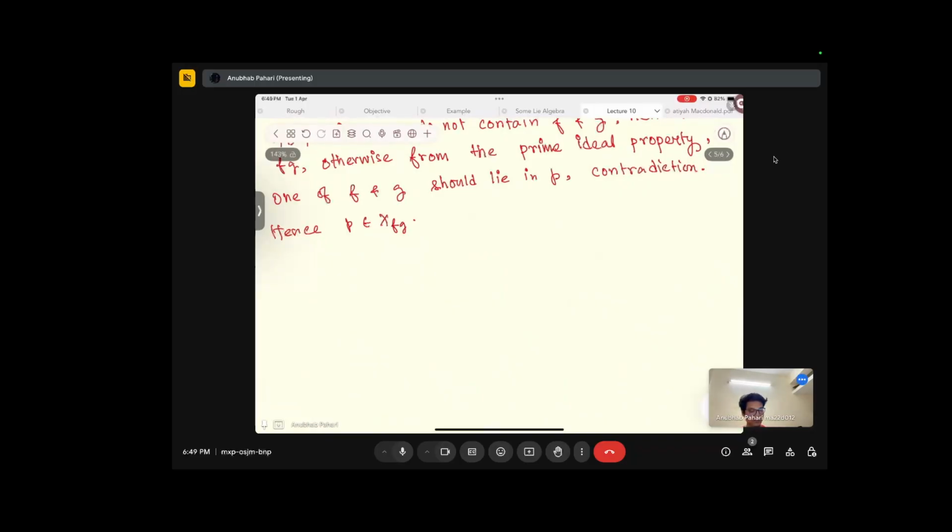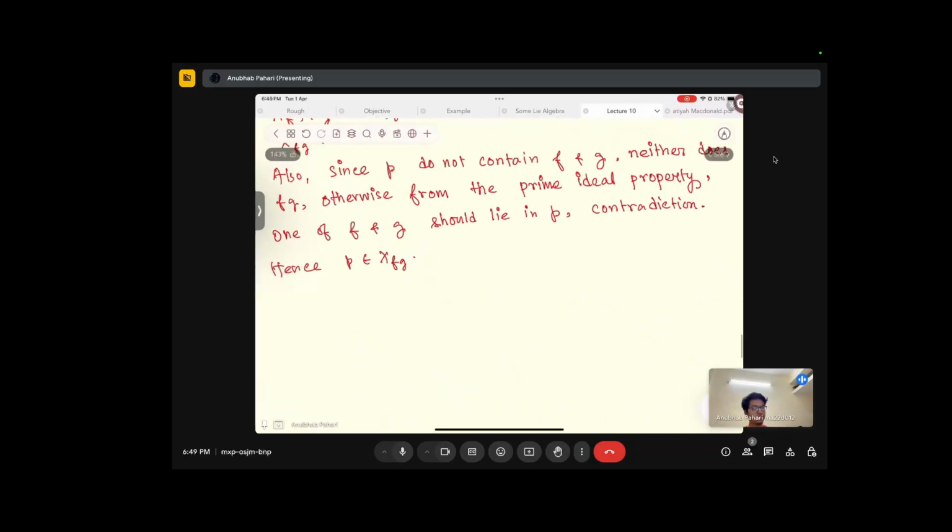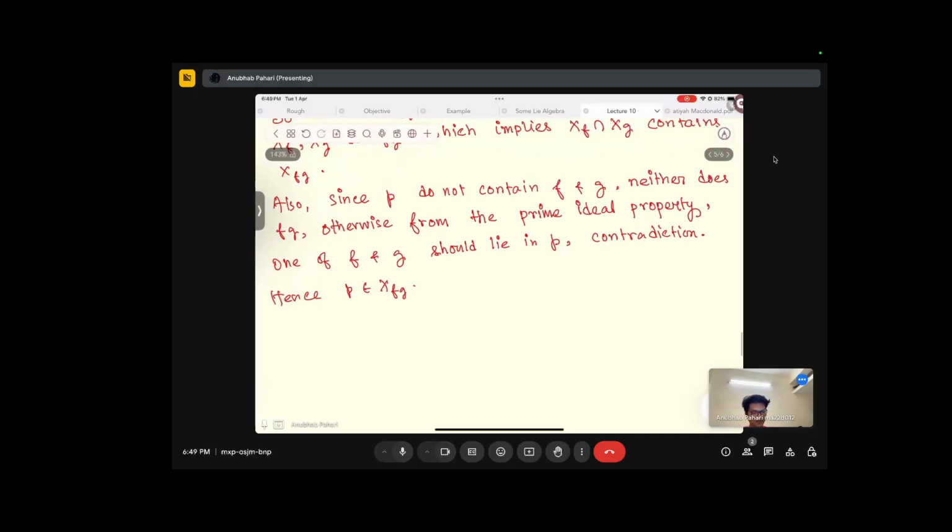So coming to the first one, we already showed that X_fg is contained in both X_f intersection X_g.